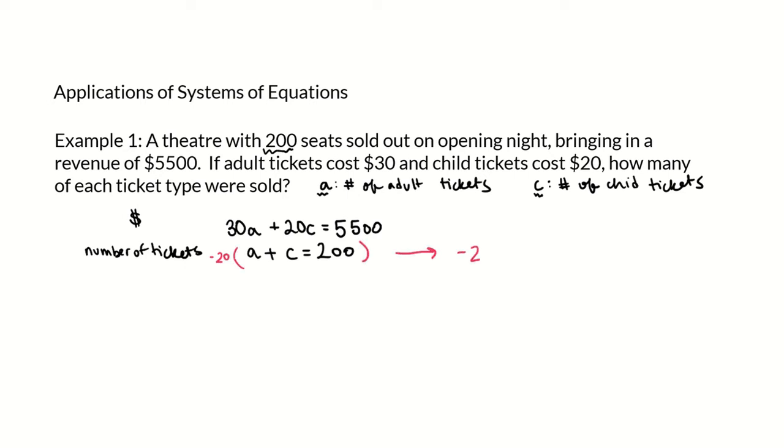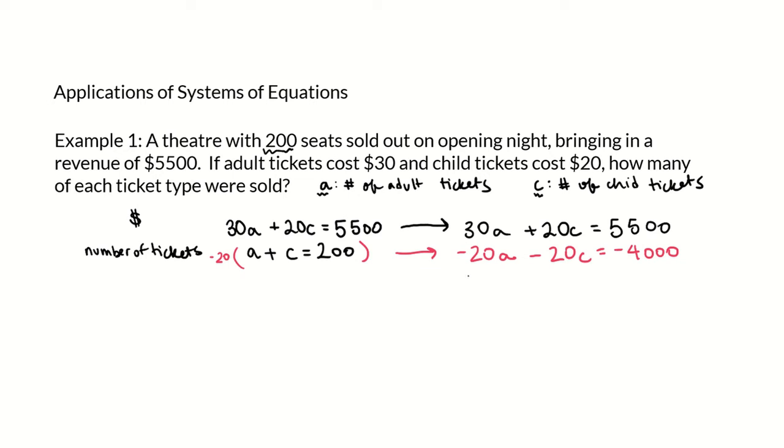That would give negative 20A minus 20C equals negative 4,000. And then we'll just rewrite the top equation. 30A plus 20C equals 5,500.